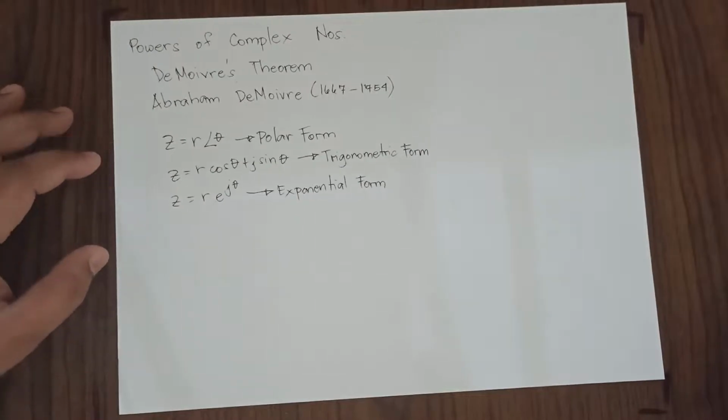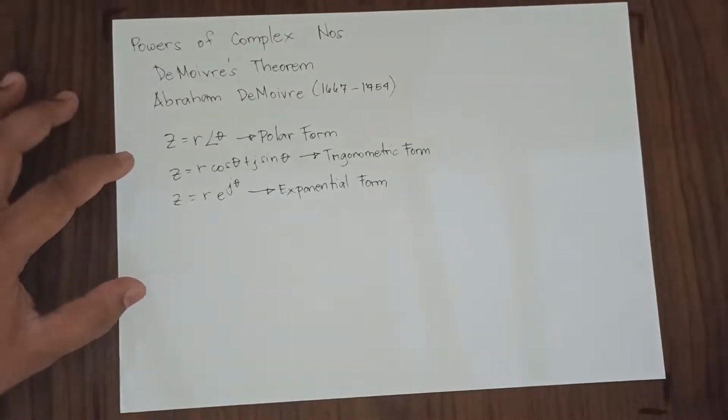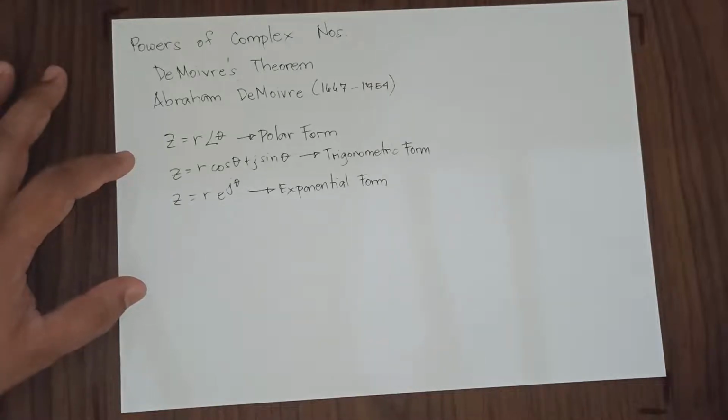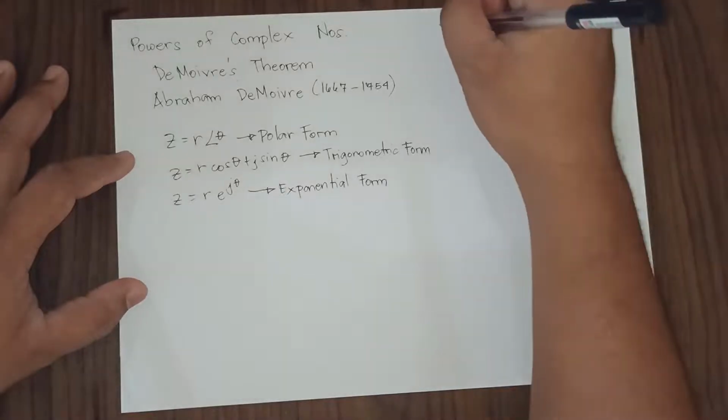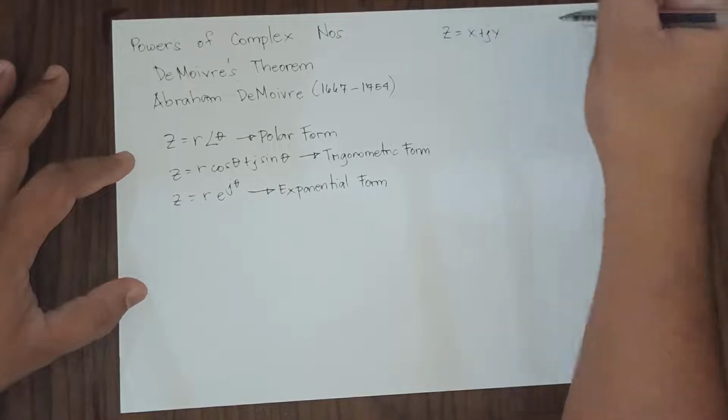So using these forms of complex numbers, pwede nating mai-apply yung tinatawag nating powers of complex numbers. Okay, what if nagbigay yung examiner ng rectangular form in terms of z is equal to x plus jy, no?